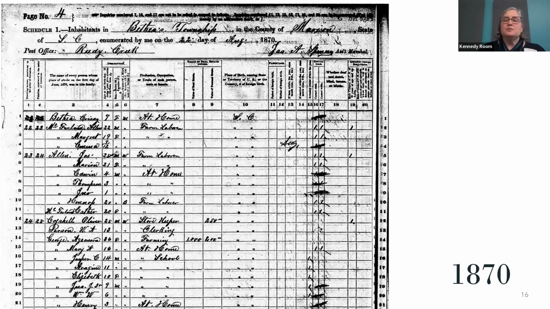But in this, you will notice the columns are there, and the dwelling and number visited. So my Joseph Allen was number 23. The family was number 24.